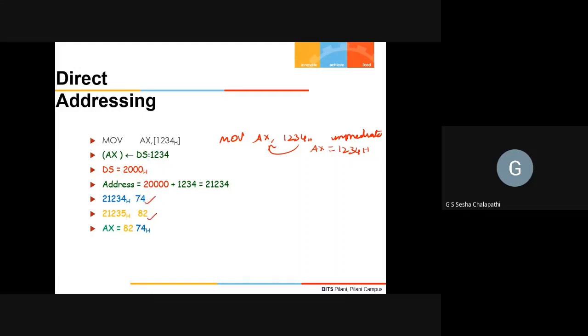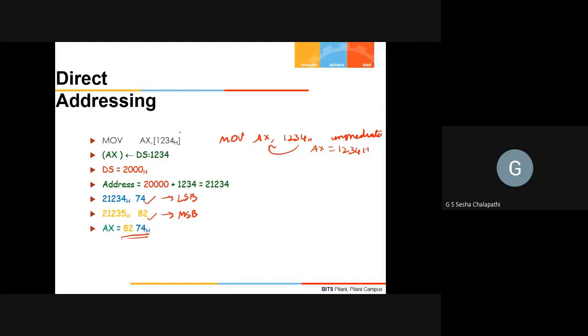These values will now go into AX. Again, this will be the least significant byte and this will be the most significant byte, and therefore AX will become 8274H.